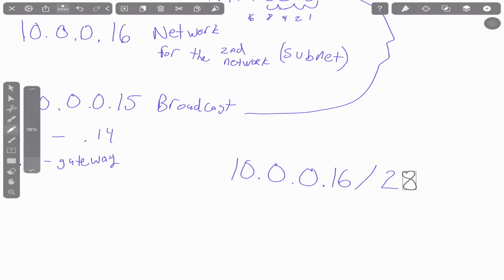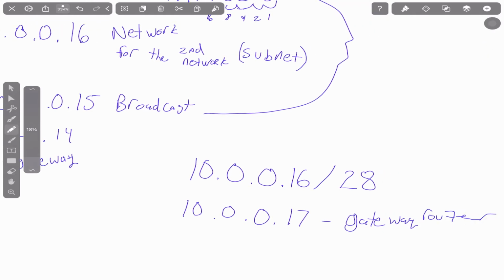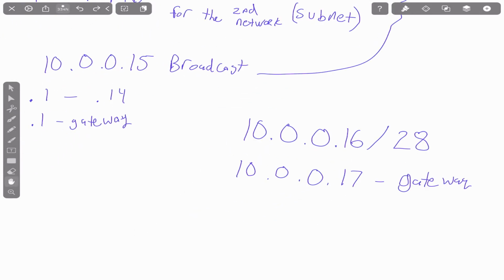So we're not going to borrow any bits. What that means is that our network address for this one is going to be 10.0.0.16. But now 10.0.0.17 is going to be the gateway, aka the router. We'll just call it the gateway.